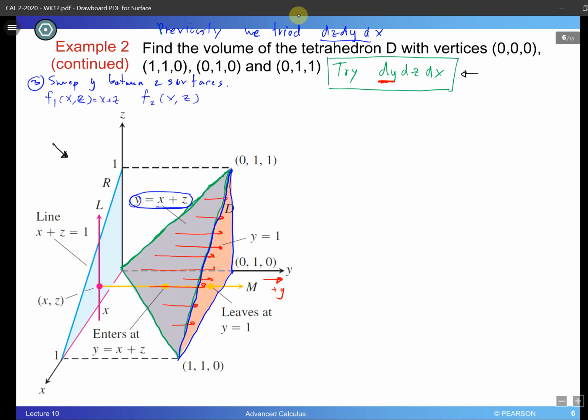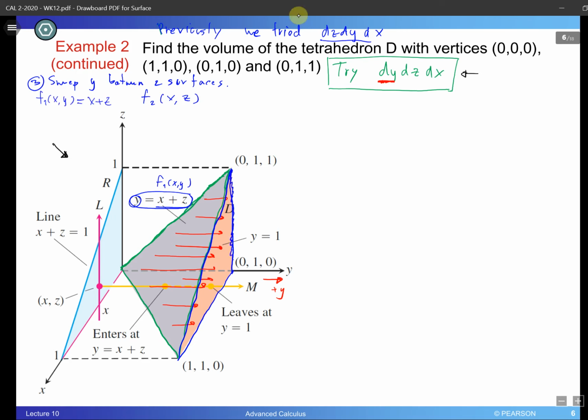So this one is f1 of x and z. Okay, we need more space right here. It's too cramped. So this is going to be f1 of x and z equal to the equation for the plane, and that is x plus z. Now, the right surface is going to be this one.